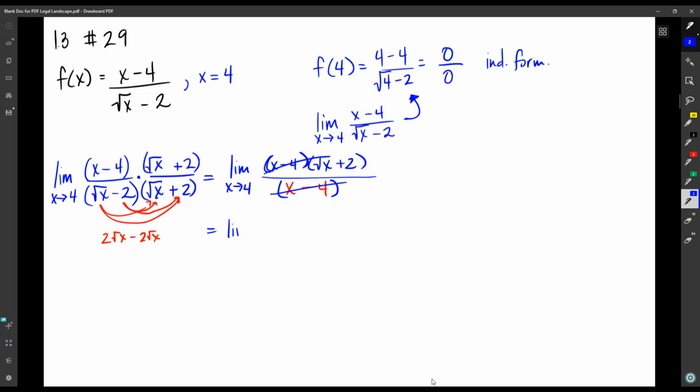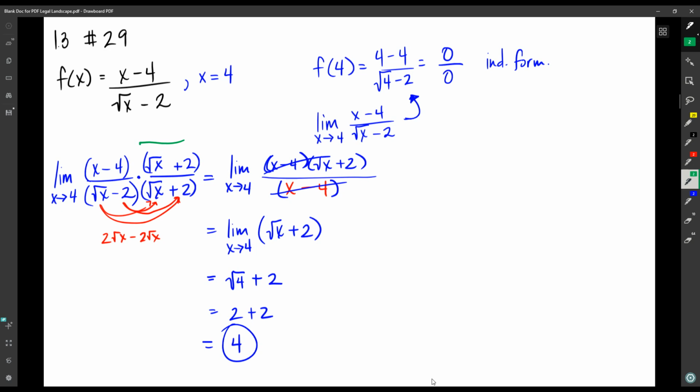After that cancellation, we're left with the limit as x approaches 4 of the square root of x plus 2, which can be done by direct substitution. That's just root 4 plus 2, or 2 plus 2, which is 4. So this strategy works whether the radical expression is in the denominator or the numerator.